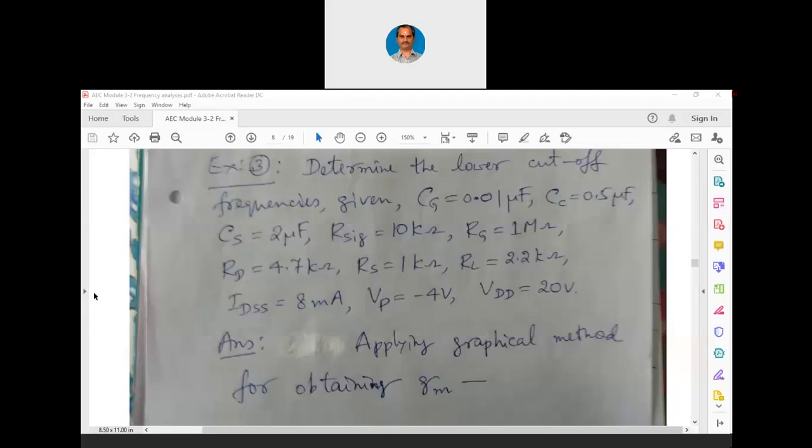Now, please remember, whenever such an exercise is asked, either in the test or in the exam, you will have to completely visualize the circuit diagram. Only when you visualize the circuit diagram will you understand which one is CG, which one is CC, which one is CS, which one is R sig, which one is RG, which one is RD, which one is RS, which one is RL.